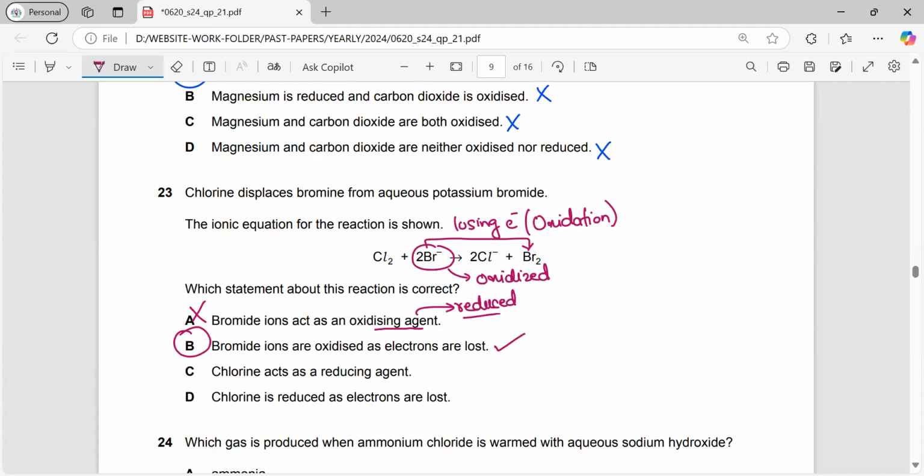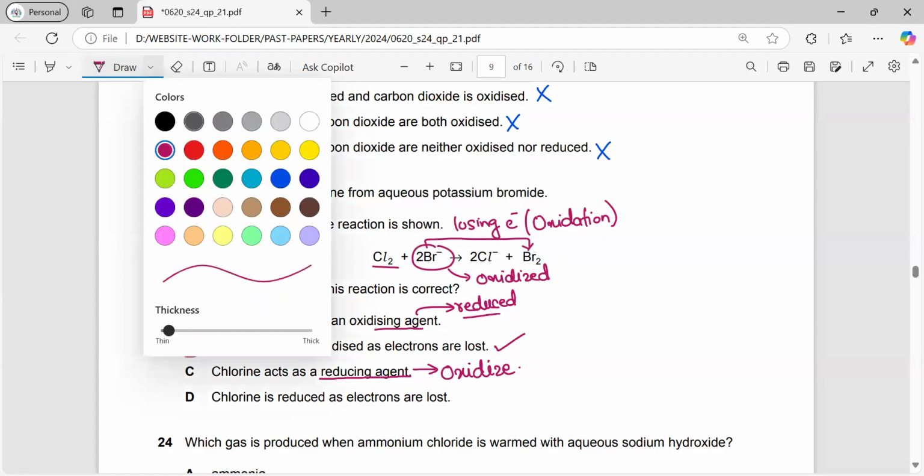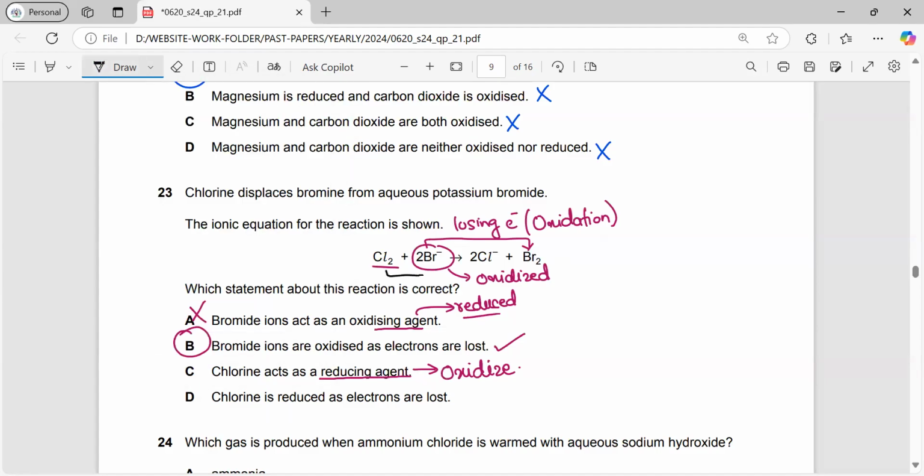Chlorine acts as a reducing agent. To act as a reducing agent, it should itself oxidize, so it should be oxidizing itself and reducing the other. But over here, the chlorine is not oxidizing. Chlorine is getting reduced because it is gaining electrons.